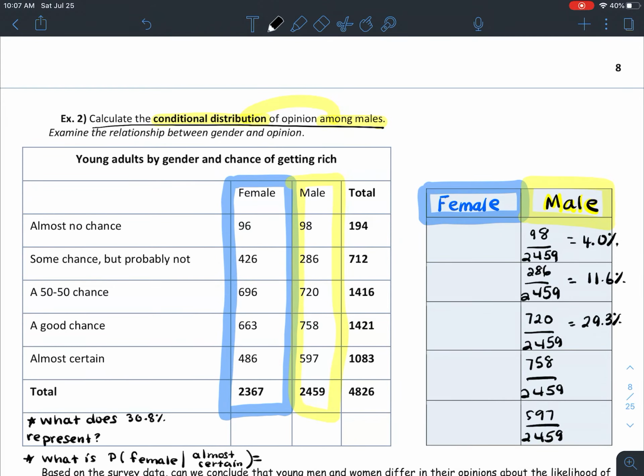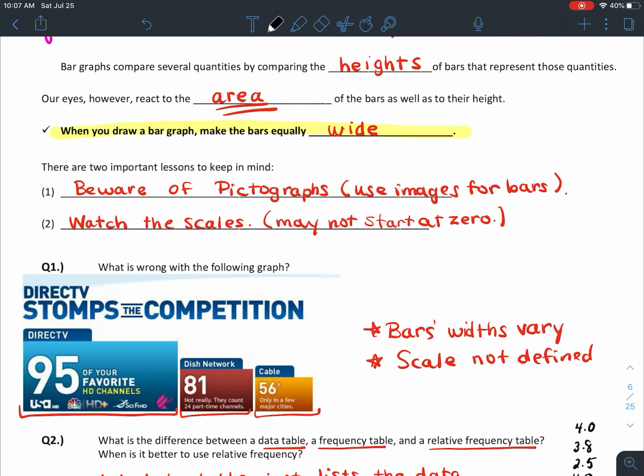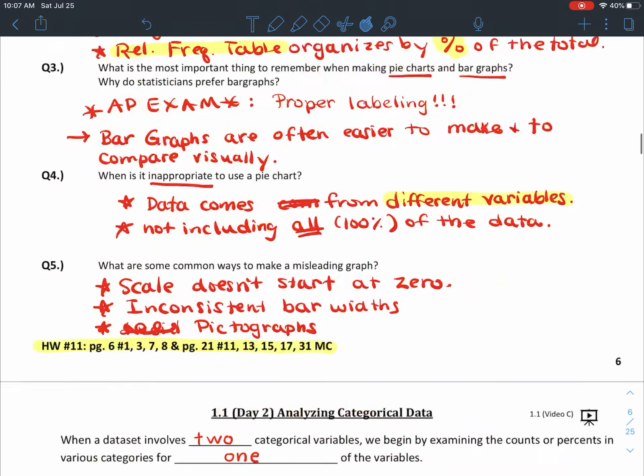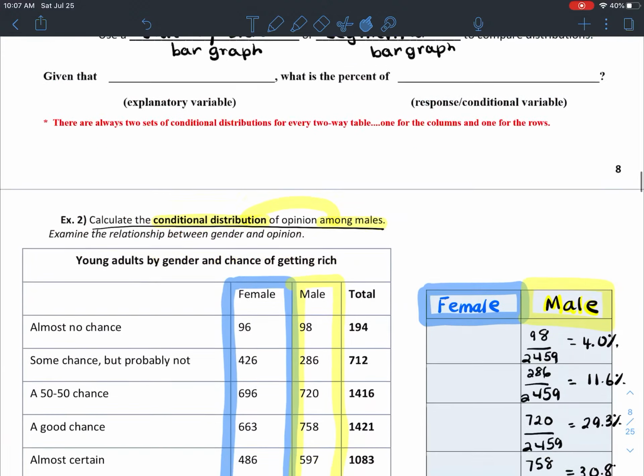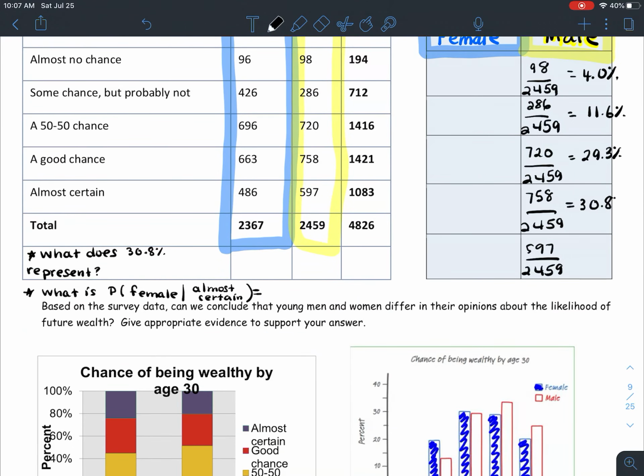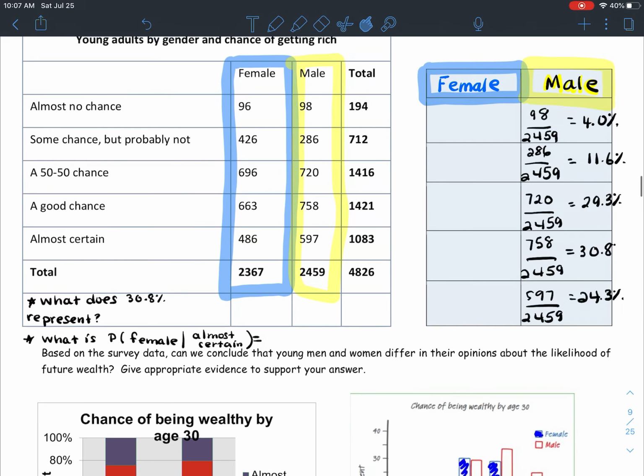So just to talk through what these mean. Okay, so what do these percentages mean? Right here, what does a 30.8% represent?